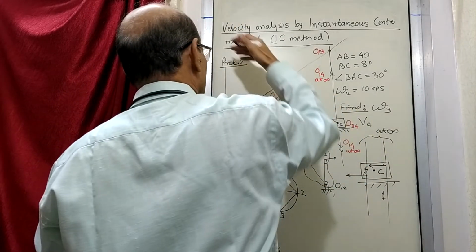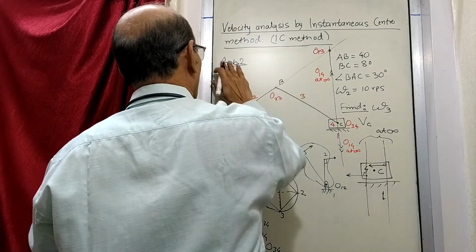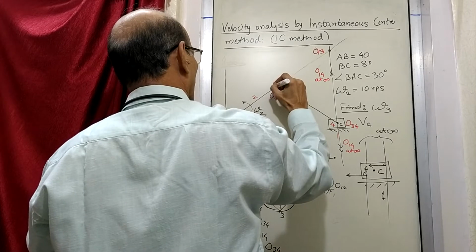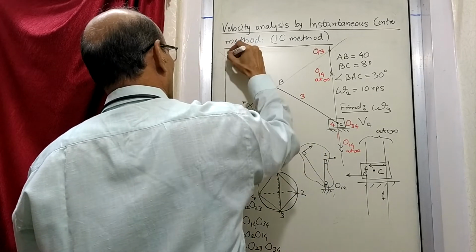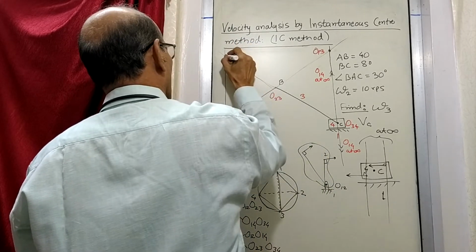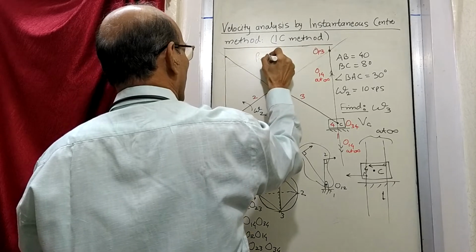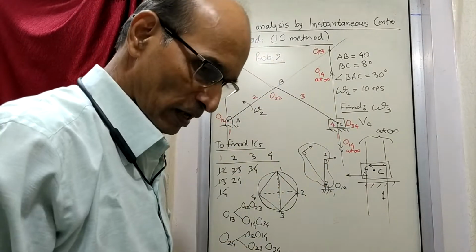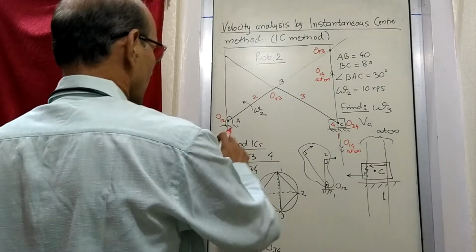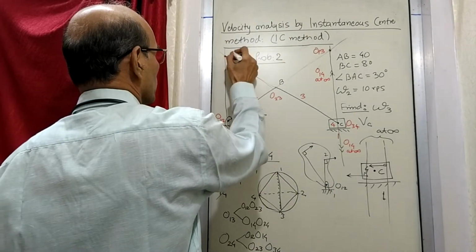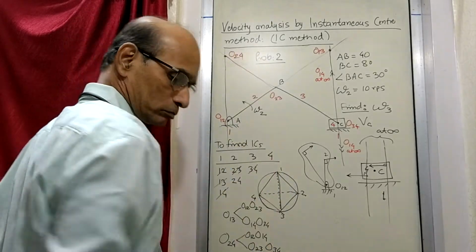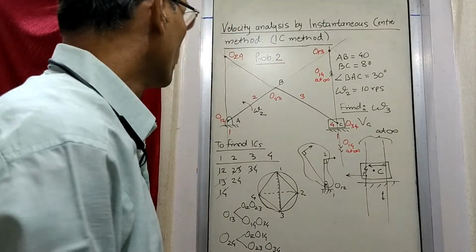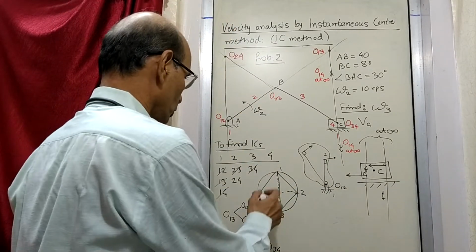So the next line is like this. So we draw these lines and these lines give us the required point. So this will be O24. So we got point 24 also.